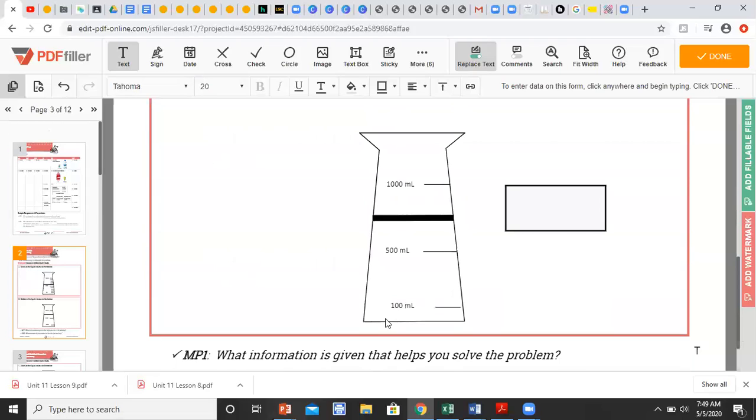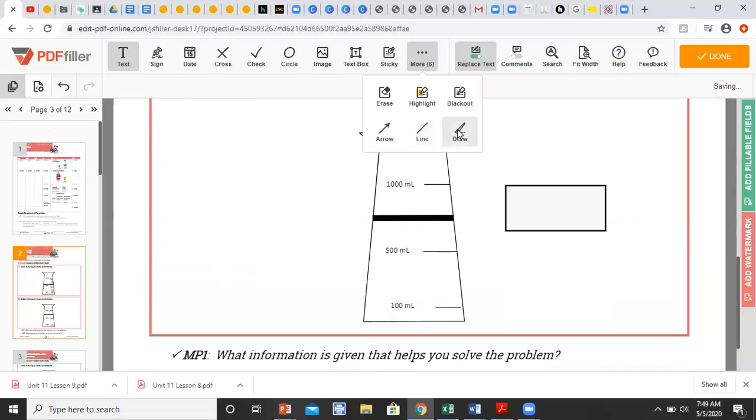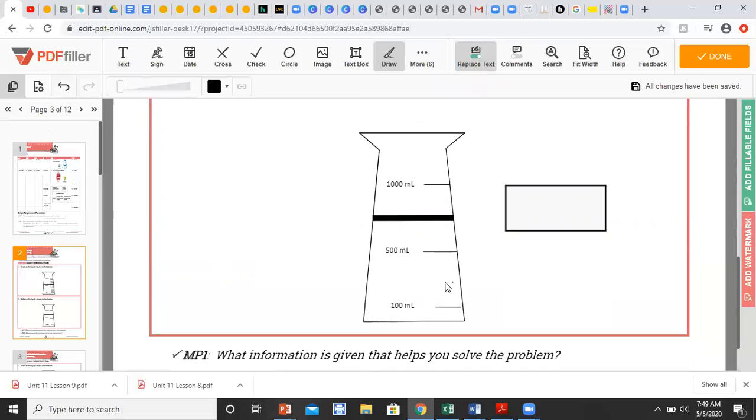So this one we also see here that there's 100, 500, and 1,000 milliliters that it is separated into. Right in the middle here, right here, boys and girls, this is 250. Okay, so in the middle of 100 and 500 is 250.